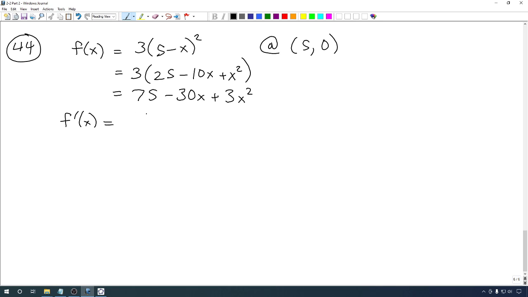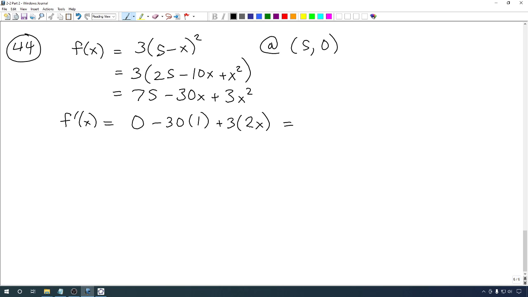We have the derivative of 75, which is 0. We have the derivative of negative 30x, which means we take negative 30 multiplied by the derivative of x, which, of course, by this point you should be aware is going to be a 1. And then finally 3 times the derivative of x squared, which is a 2x.